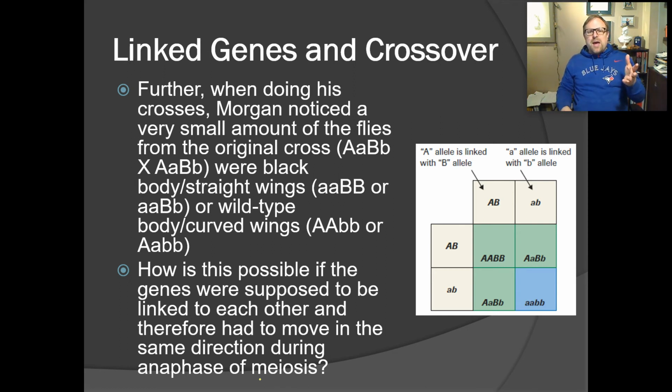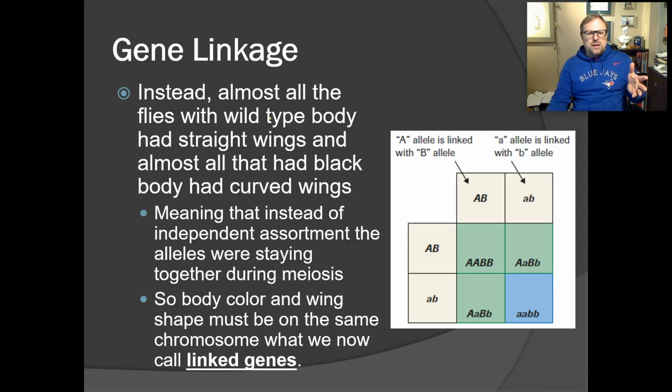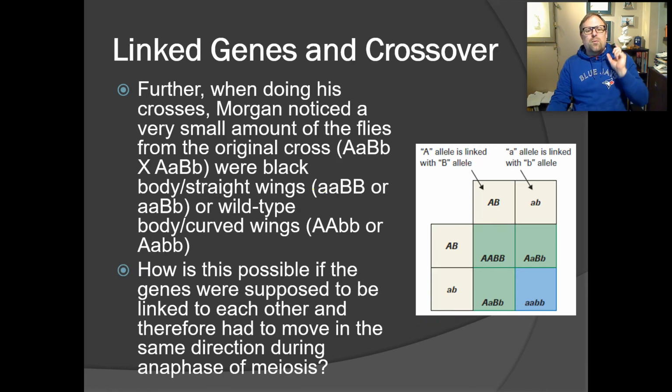So we would expect that we would end up with only wild type straight and black body curved, those combinations. We would expect only those combinations. But what he found is that there were some that were black body, straight wings, and some that were wild type with curved wings.